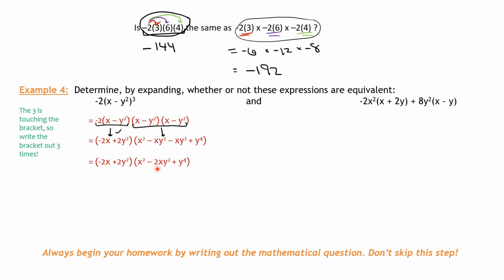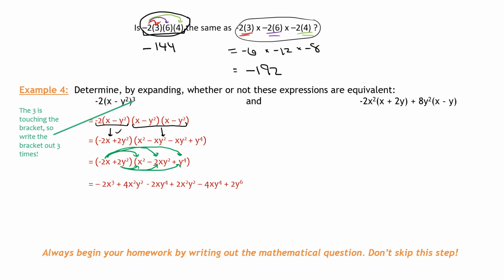Now we have to distribute everything from the first bracket into the second bracket. So the negative 2x has to come into all 3 things of this trinomial, and then 2y squared comes into this entire trinomial with multiplication. So if you want to press pause, do that now, and then when you come back, I will put the answer up for you.